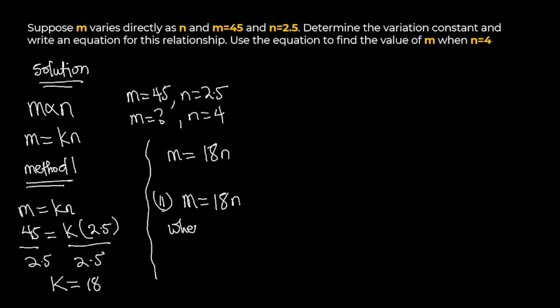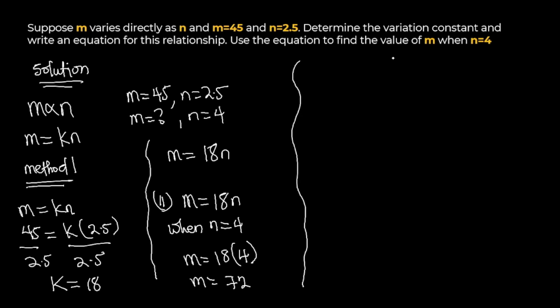So when n is equal to 4, our m is now equal to 18 multiplied by 4. And if we compute this on our calculator, we are going to get the value of 72 as our m. Now this is the first method or the first approach to solving a question like this.